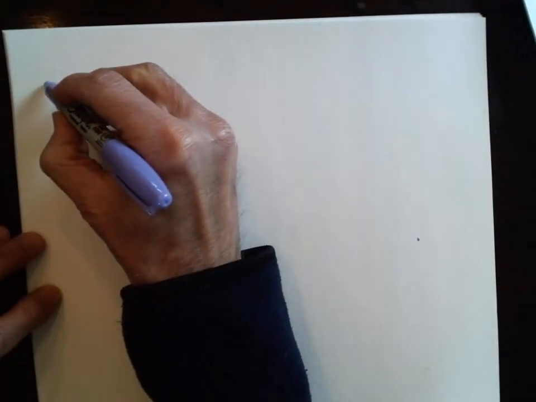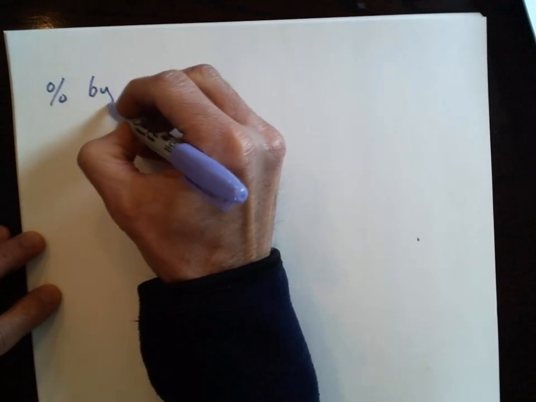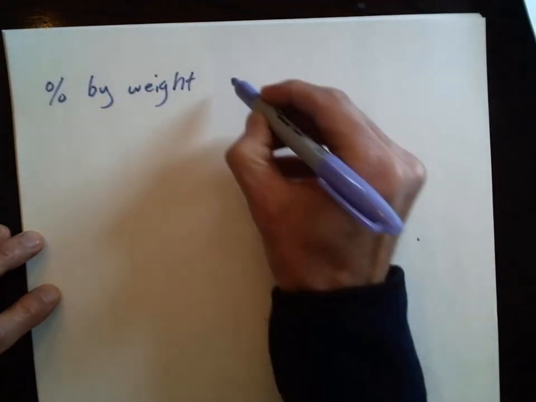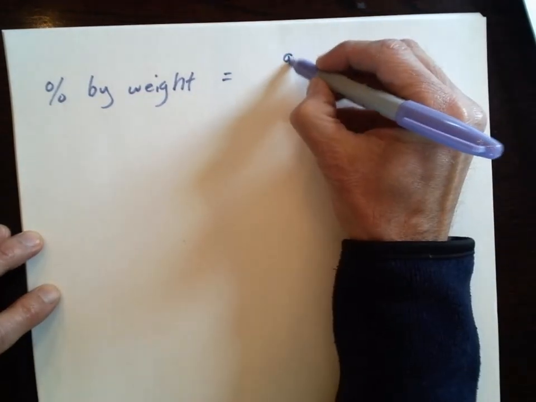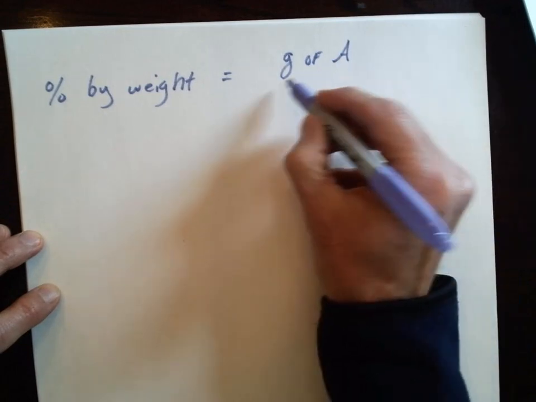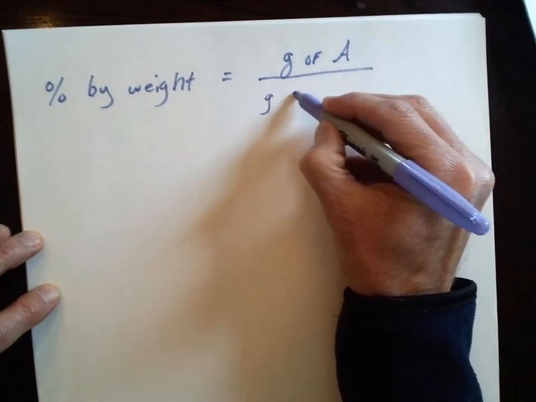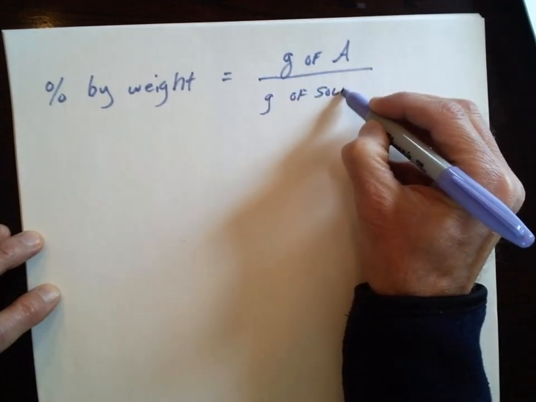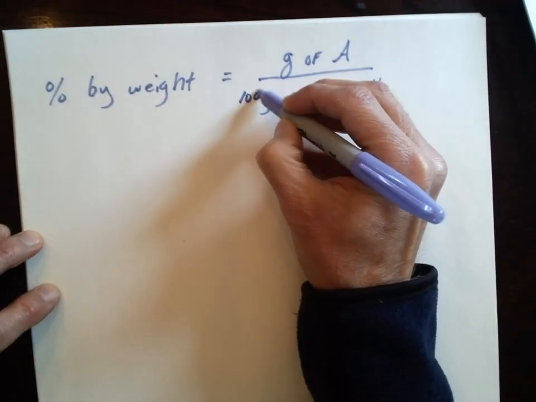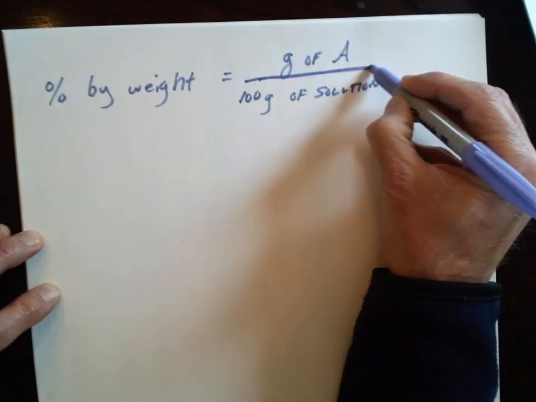The next definition that we'll use is percent by weight. And this is going to be the grams of your substance of interest, we'll call it A, over the grams of solution. And by the way, sorry, this is 100 grams of solution if you want to make the math work out.